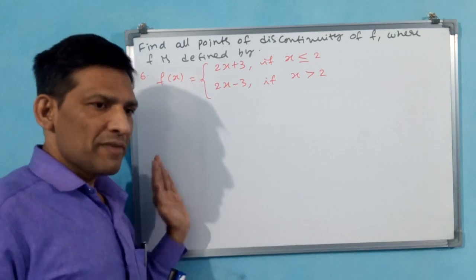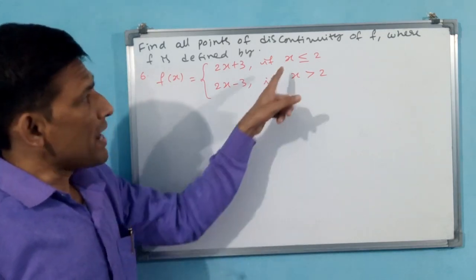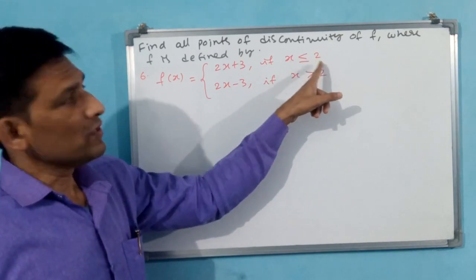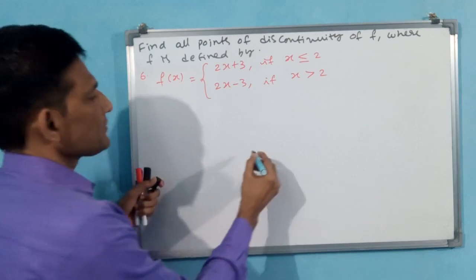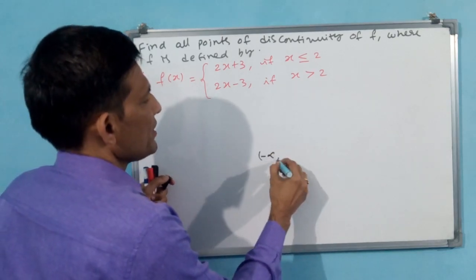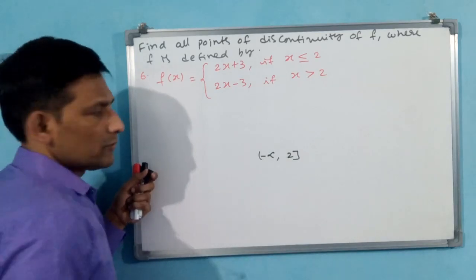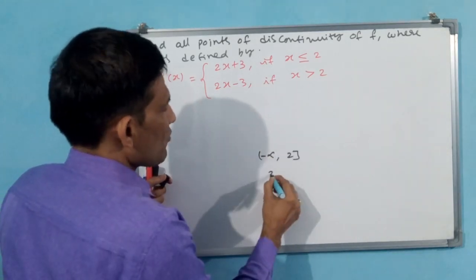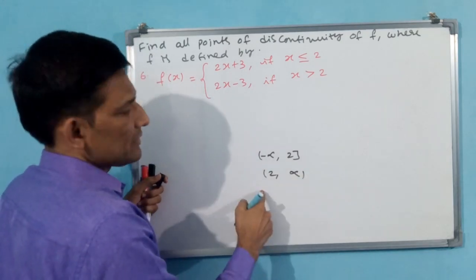x equal to 2 means we have to see the left hand limit and right hand limit. That means from minus infinity to 2, with equal to 2 included, you see here like this. From minus infinity to 2, the function is continuous. Again, from 2 to plus infinity, both are open intervals here.